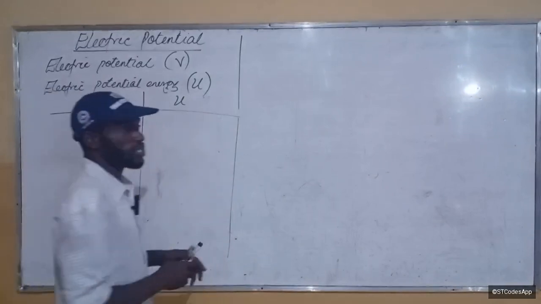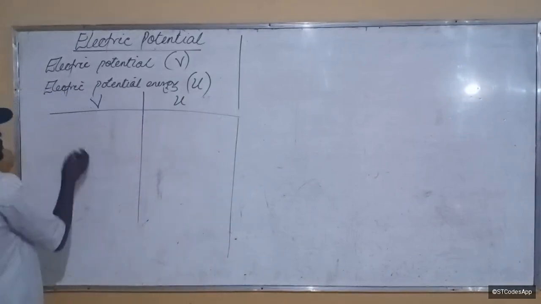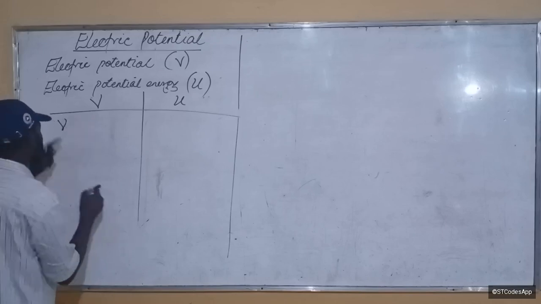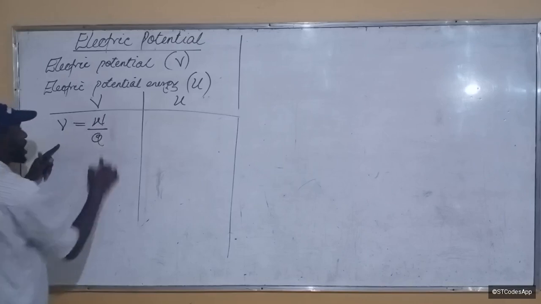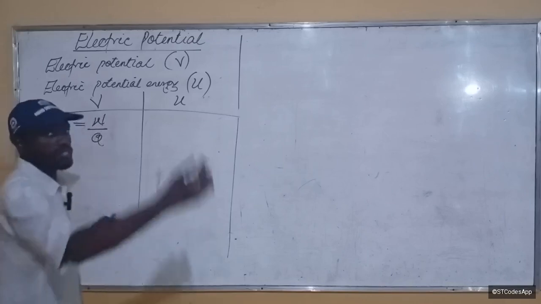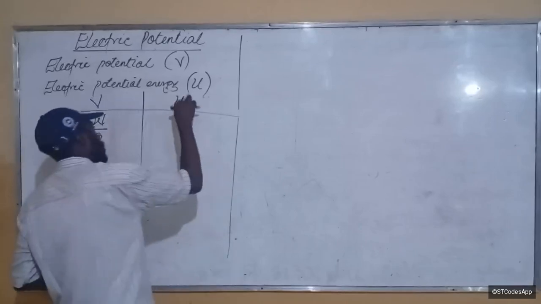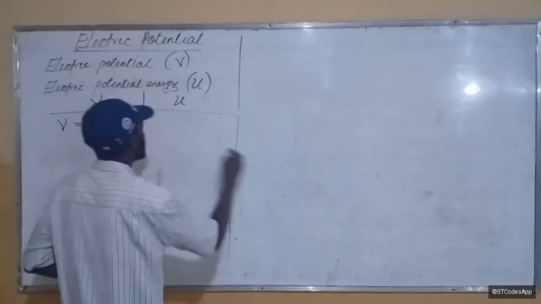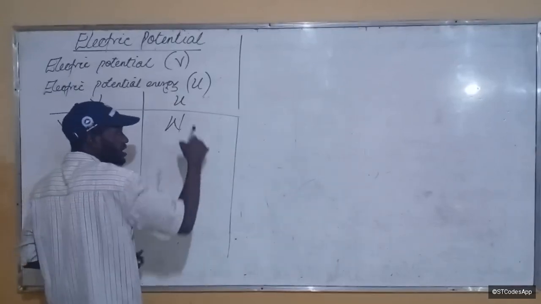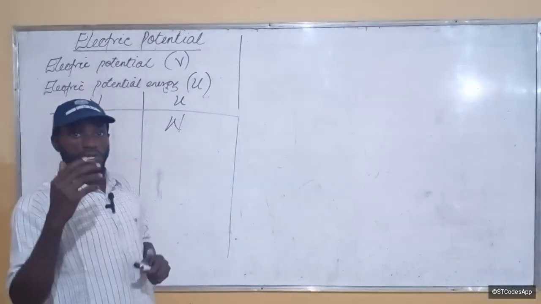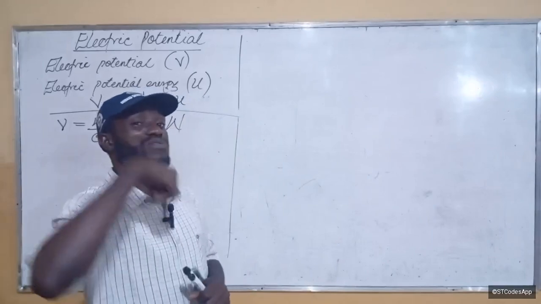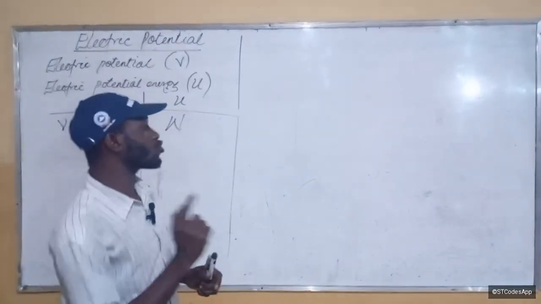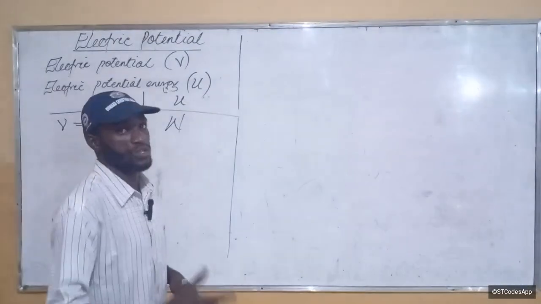Mathematically, electric potential V is the work done per unit of charge brought from infinity to the point, while electric potential energy is that work done itself. The work done is seen in terms of the electric field. It has nothing to do with the charge. That is one thing you should know.